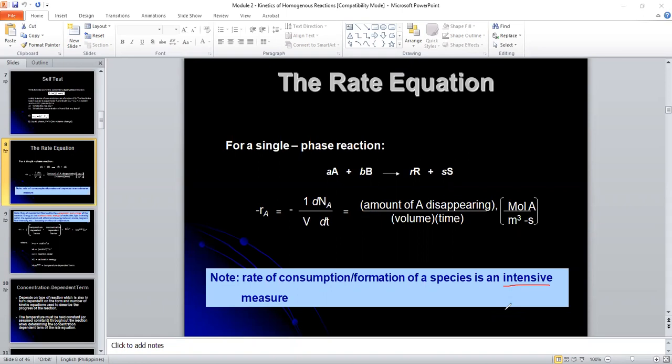So the rate, whether it's consumption or formation, is an intensive measure. What do we mean by that? Can I ask anybody? Anybody? What do you mean by intensive?